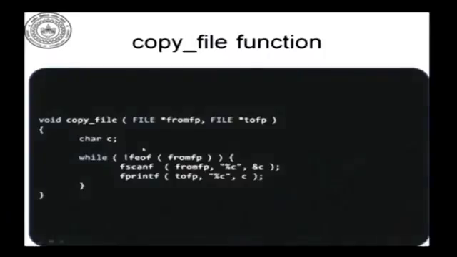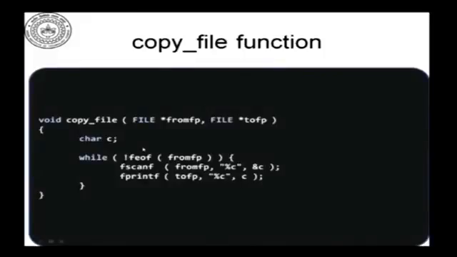So, you will get a file pointer and you can start reading from the file using fscanf and writing to the file using fprintf. This is possible. It is somewhat more convenient to say that I assume that the files are already open and I am getting the files as file pointers. So, this avoids duplication of work.